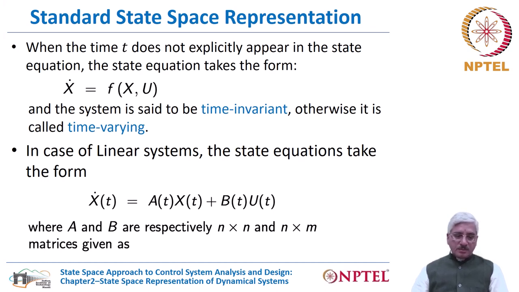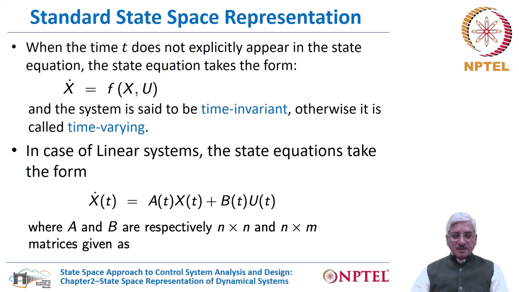Please note that the time derivative of each state is a linear combination of the states through A and a linear combination of inputs through B. Together, the derivative of each of the states is a linear combination of the states and the inputs.